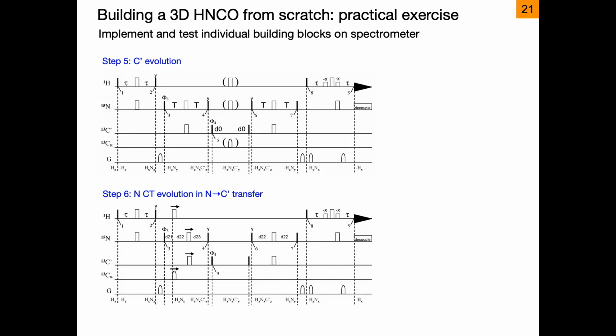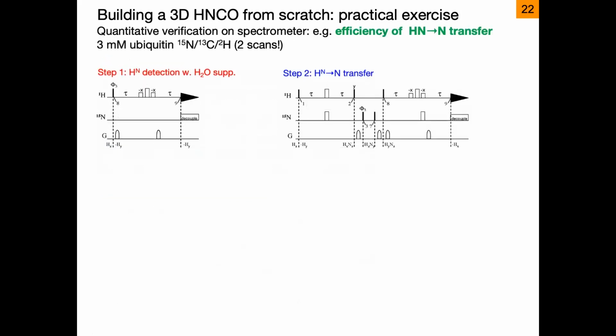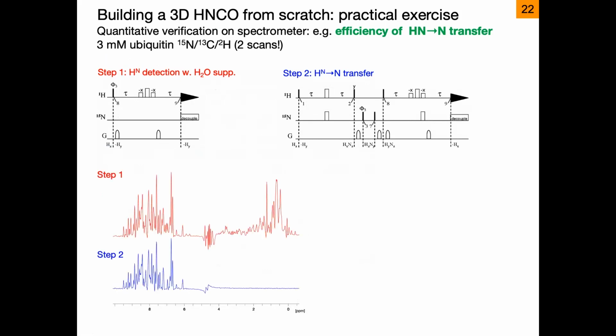And I just show you two practical examples of this. So this is comparing the efficiency of the INEPT transfer from the amide proton to the nitrogen. So we have this first step, this Watergate that I explained before, and then we have the INEPT transfer to the nitrogen. You see here the two signals.